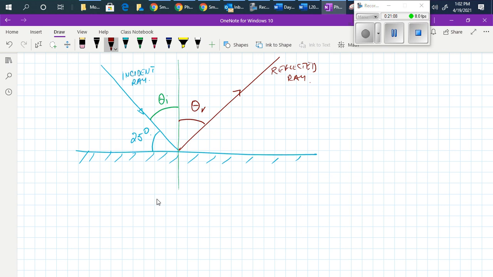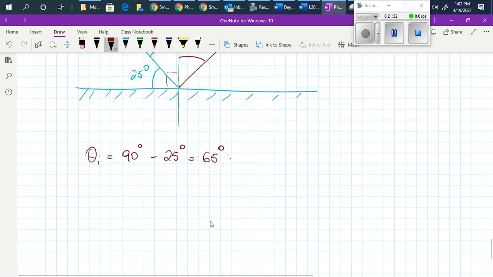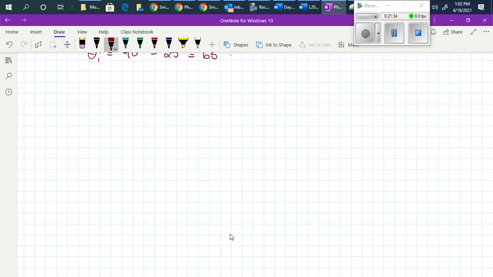So now, keeping in mind that this is 90 degrees, the incident angle will be 90 minus 25. So this will be 65 degrees, and so will be the reflected angle.